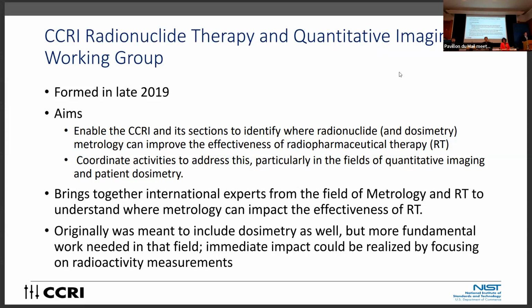It was meant to coordinate the activities to address this, especially in the areas of quantitative imaging and patient dosimetry. The idea is bringing together international experts from metrology and radionuclide therapy to understand where metrology can impact the effectiveness of radionuclide-based therapy.